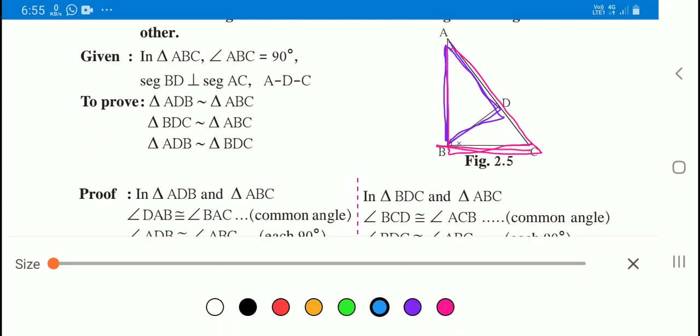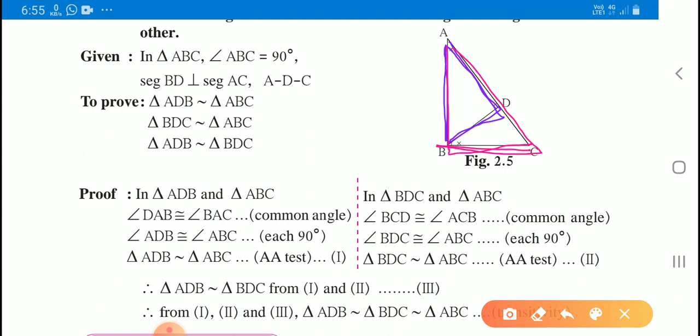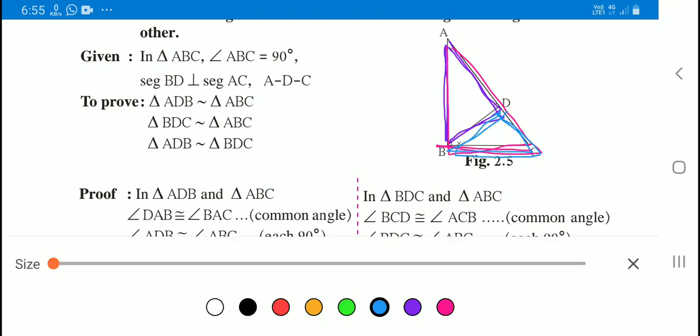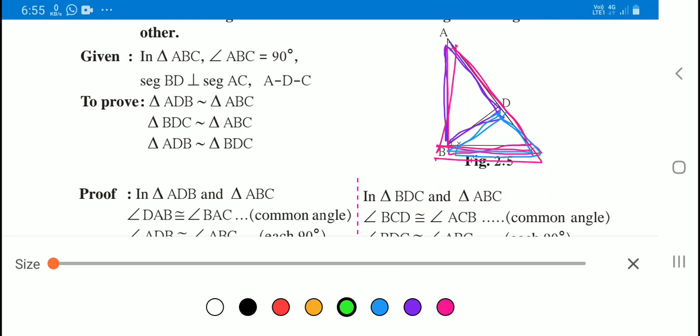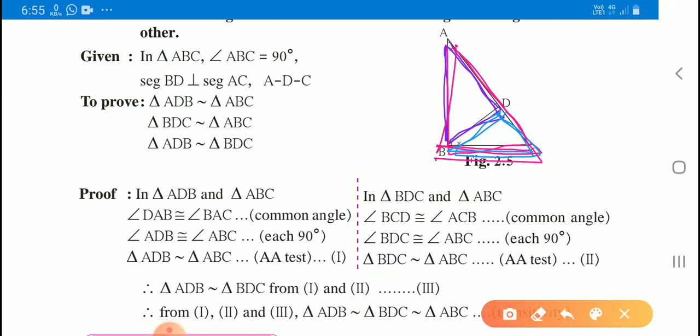As well, we have to prove that triangle BDC, this triangle, is also similar to this ABC. Then you can say that if both these triangles are similar to this bigger triangle, then these two triangles are also similar. Which two triangles? This and this, means triangle ABD and triangle DBC.